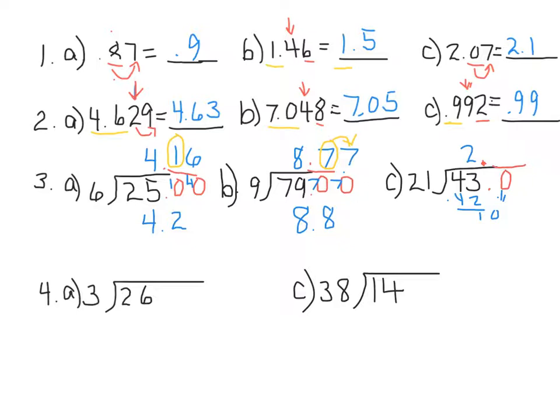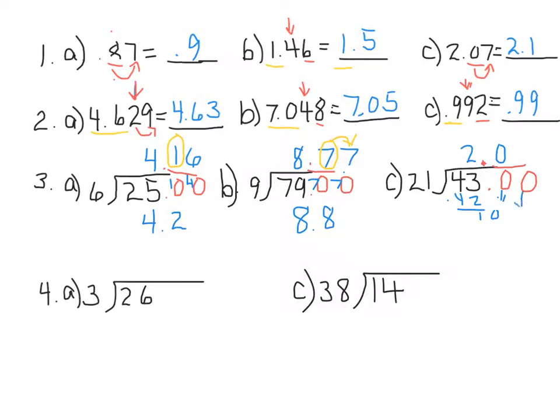Now look here. 21 can't go into 10. I've already brought down a digit. So I need to put a 0 up in my answer to show that 21 goes into 10 0 times. I'm going to annex another 0, and then 0 times 21 was 0, right? 10 minus 0 is still 10.